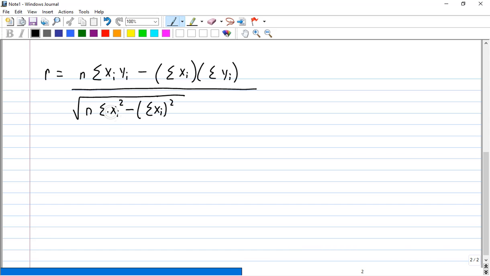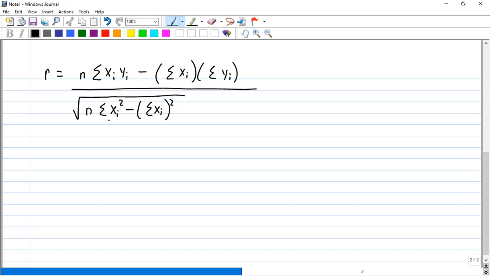So this is N times the sum of X sub I squared, and this is the sum of X sub I squared.